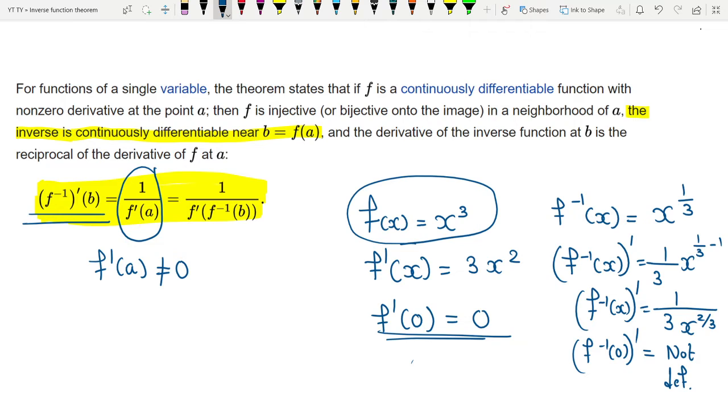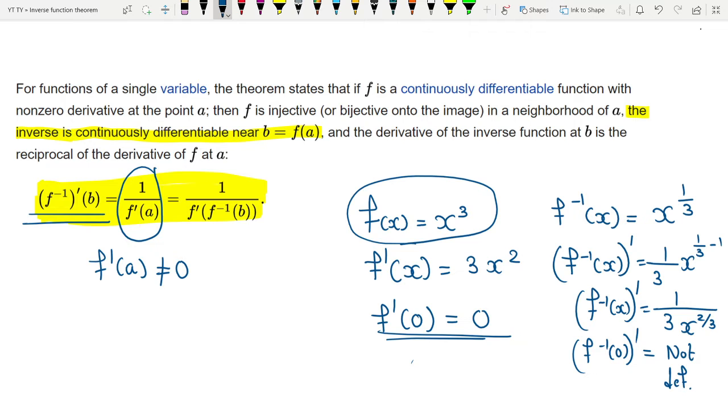Then your function would be invertible in the neighborhood of that point. Also, whatever is the derivative would be continuous. That means, in short, the inverse is continuously differentiable. And the most important thing is the inverse derivative would be the reciprocal, or more precisely the inverse, of the derivative, right? This is something that the inverse function theorem tells in short.